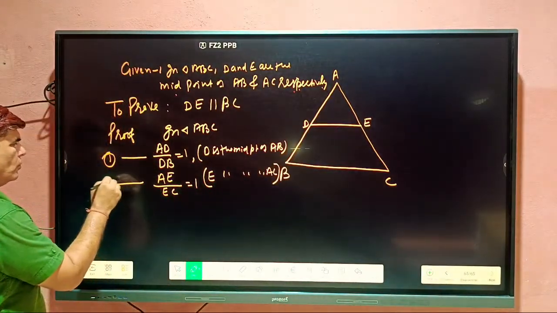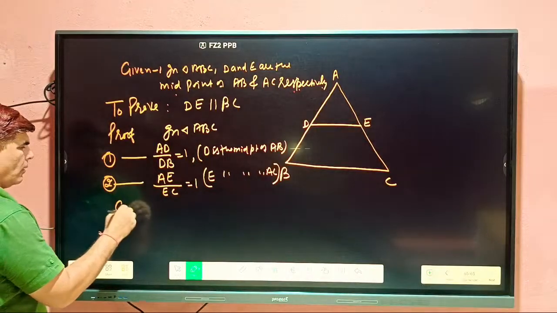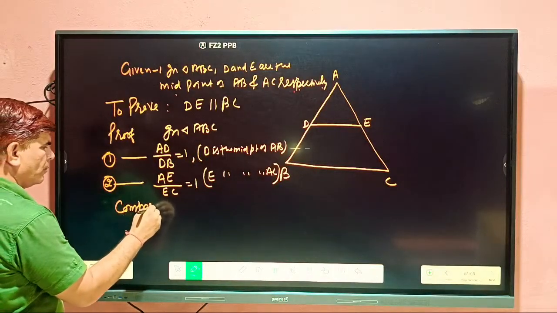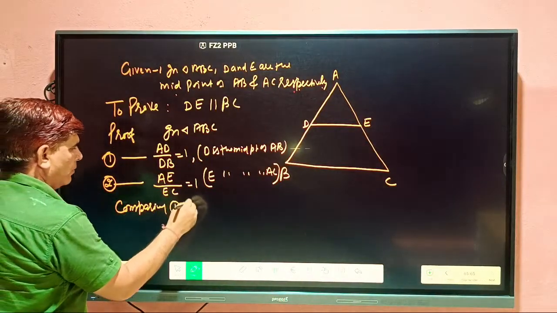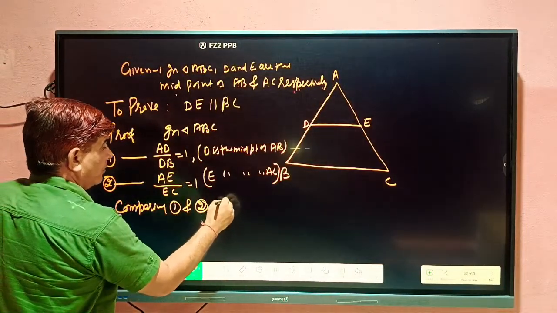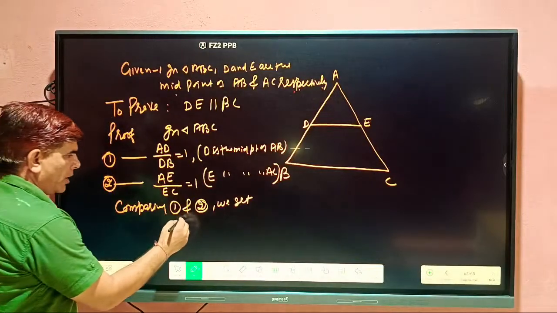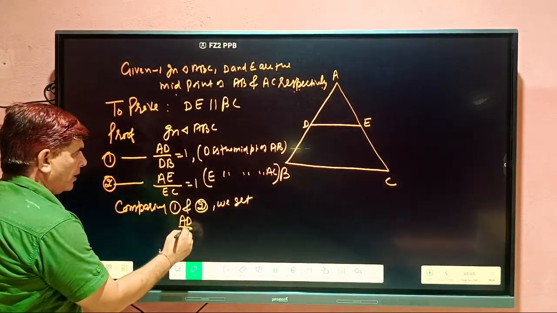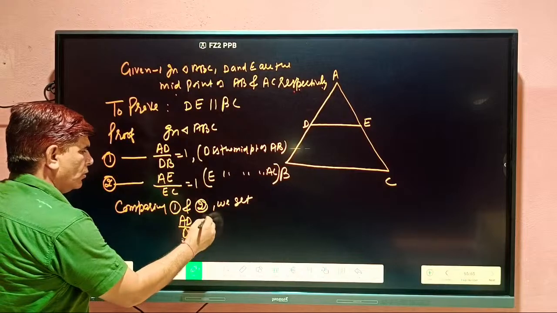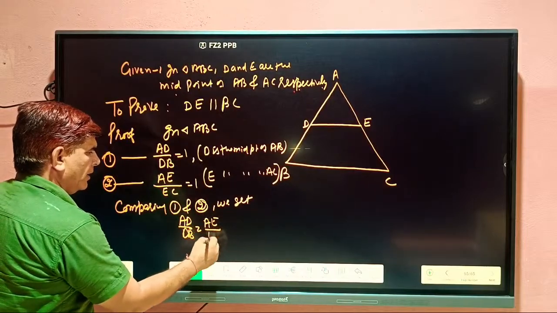Comparing first and second, we get the right-hand side of both as 1. So AD by DB equal to AE by EC.